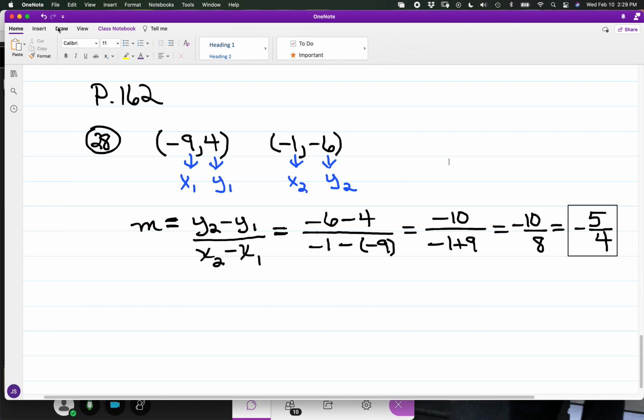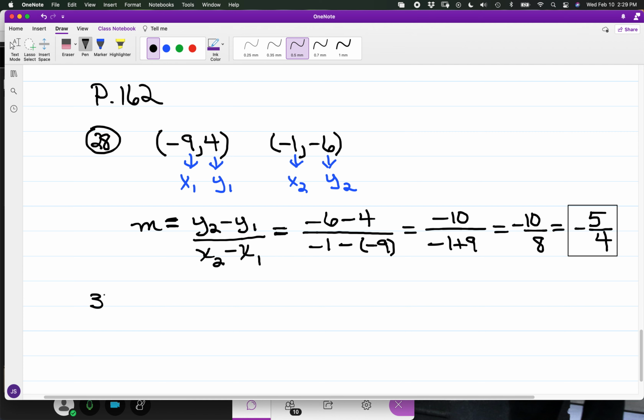Now for the next one, if you have a situation where there are non-integer coordinates, we have the next pair. The first point has the coordinates 3/4 and 6. The next one is 5/2 and 1.